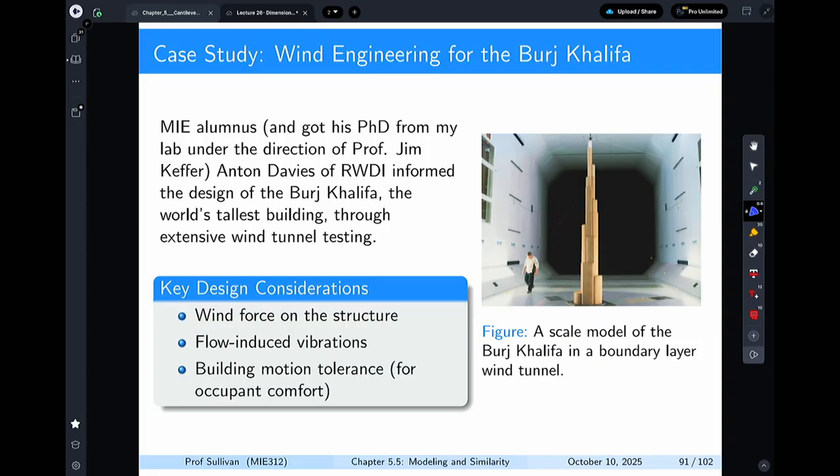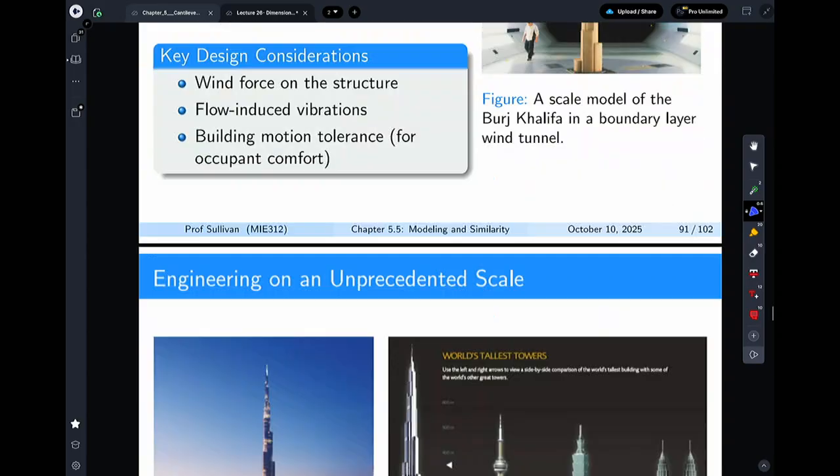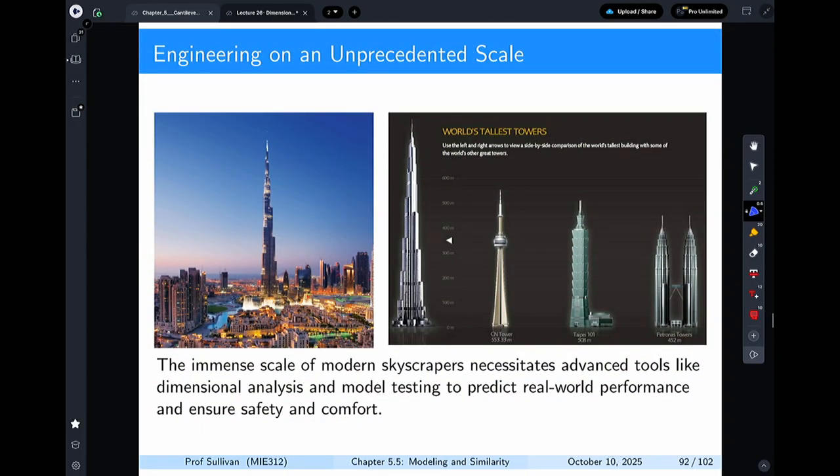What they're trying to do is to identify features that are universal. And so that same thing where you have the cylinder go flat over a wide range of Reynolds numbers, they try to do that too. So their design considerations: wind force on the structure, flow-induced vibrations, and building motion tolerance for occupant comfort. They've done all of these, so it's actually quite impressive.